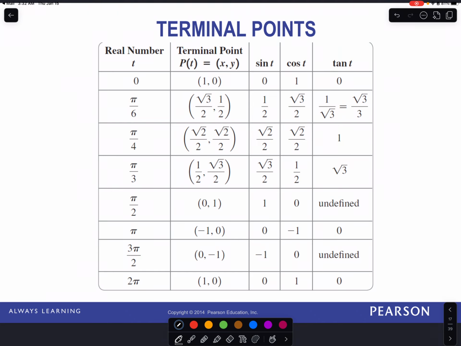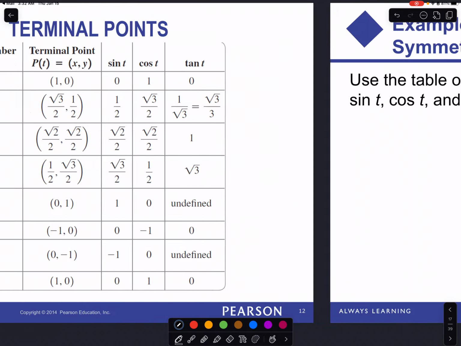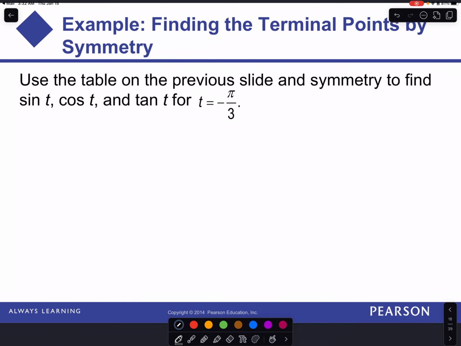So pi over 3 corresponds to the ordered pair a half comma root 3 over 2. So then from the table, we have what? P of pi over 3 corresponds to what? 1/2 comma root 3 over 2.